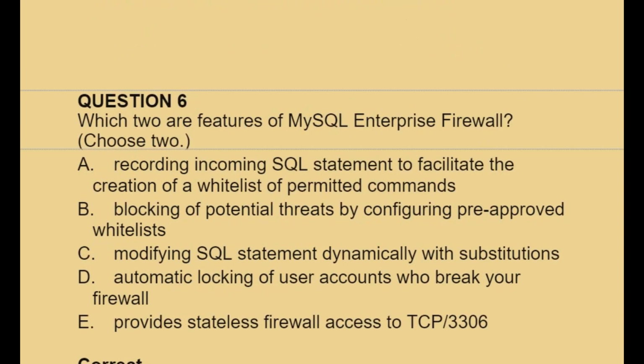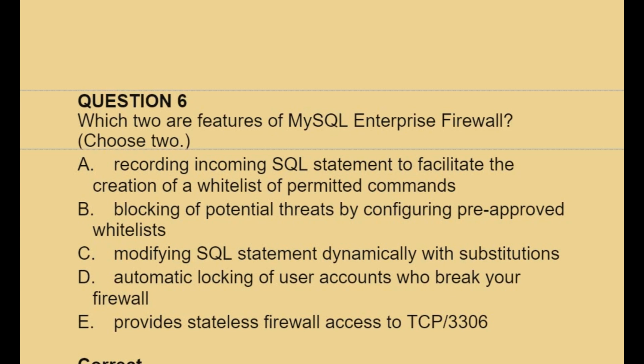Question is, which two are features of MySQL Enterprise Firewall? Option A, recording incoming SQL statement to facilitate the creation of a list of permitted commands, whitelist of permitted commands. Option B, blocking of potential threats by configuring pre-approved whitelists.